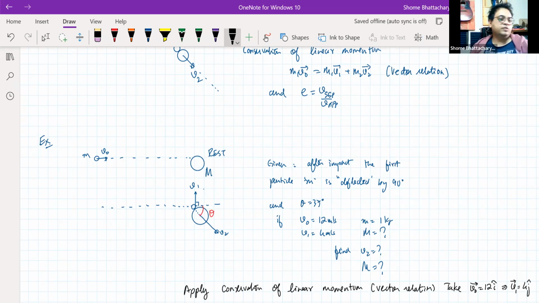Okay, so just write the momentum conservation equations according to this choice of axis which I've hinted over here below, and you will get the required relations.